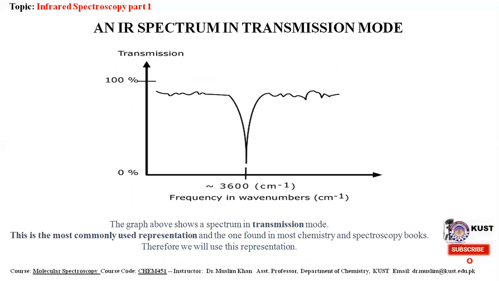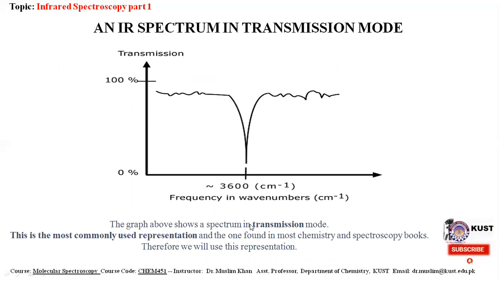This is in transmission mode, because it is showing 100% transmission. When a molecule or anything inside the sample container is not showing any absorption, it means it is 100% transmitting.